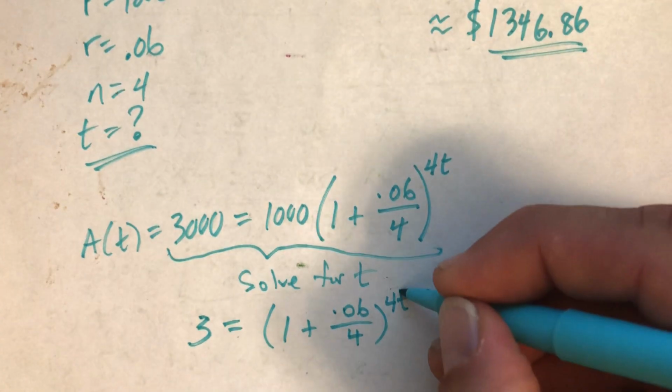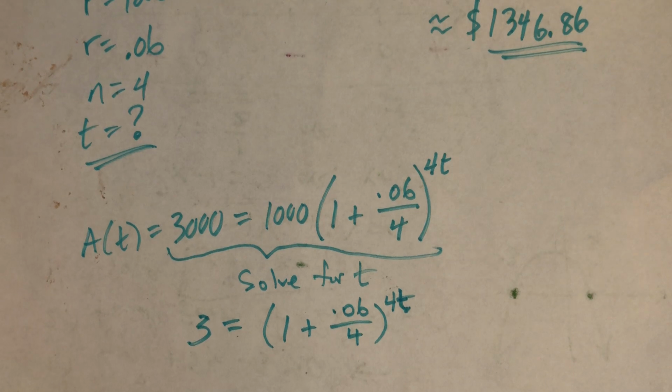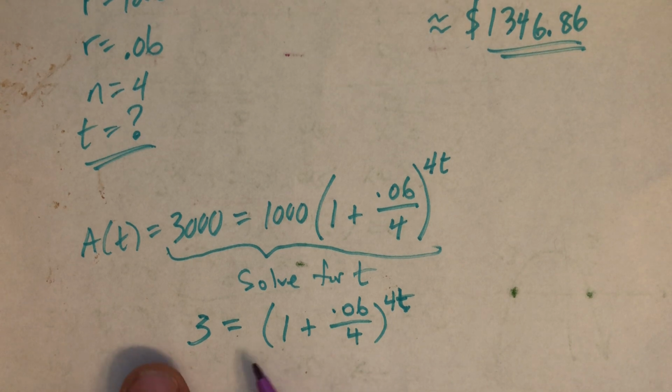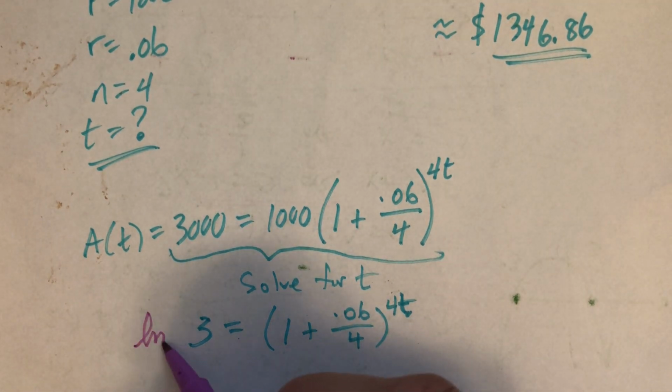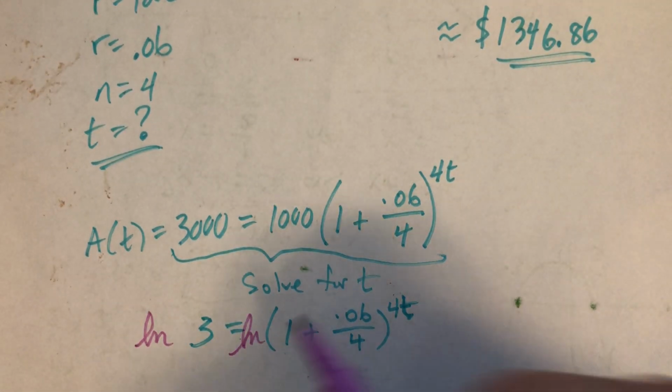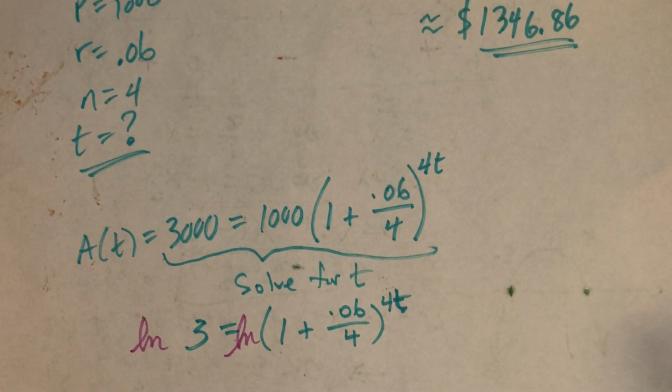Okay. So at this point, we can do things in a couple of different ways. I think that it's probably the easiest to use some of these properties of logarithms that let us get our variable out of the exponent position. So if we apply natural log to both sides, now because the natural log function is one-to-one, this is a legal move.